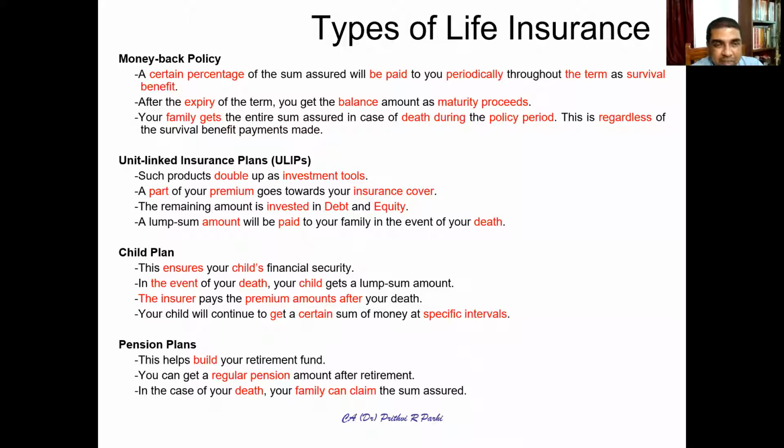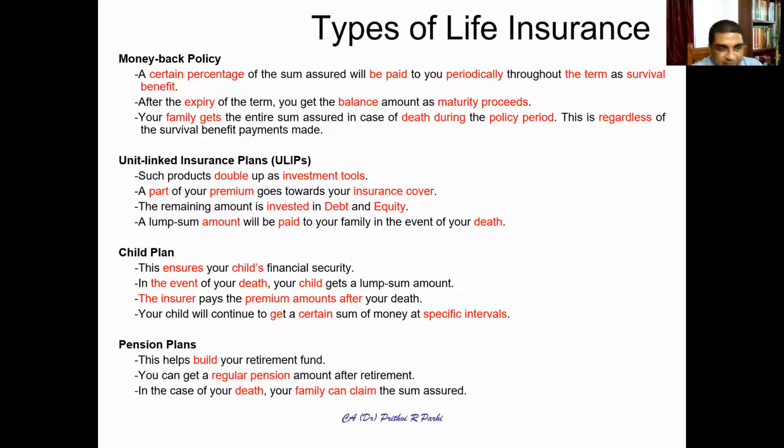The child continues to get a certain sum of money at specific intervals. Since it is for securing the child's future, on certain intervals, maybe at his age of 20 years, 25 years, 30 years, the child gets a certain sum of money. This is called child plan.